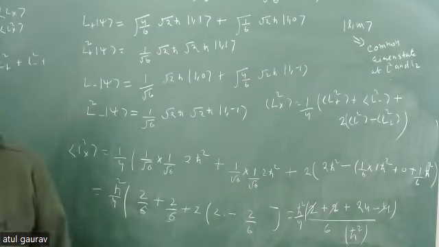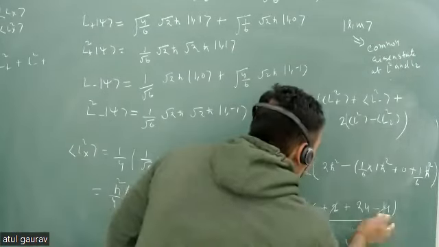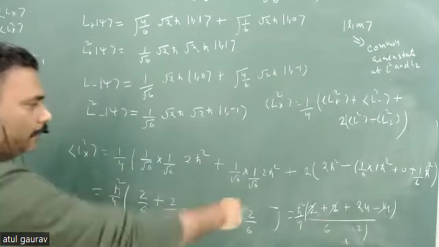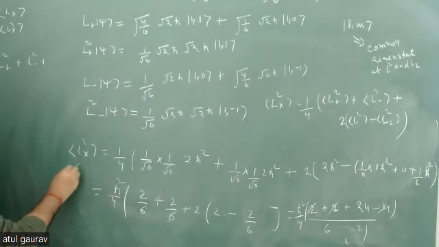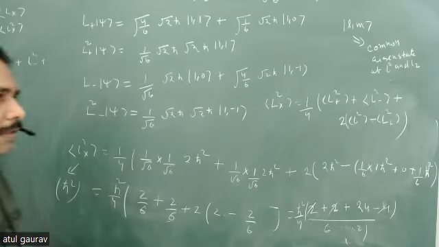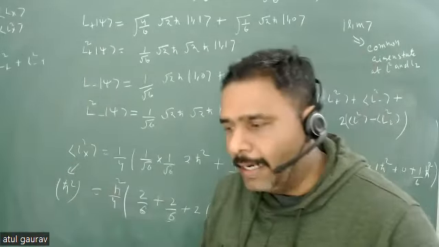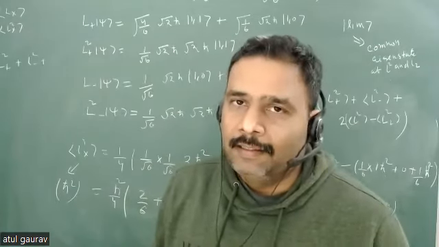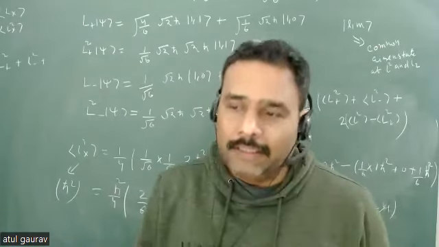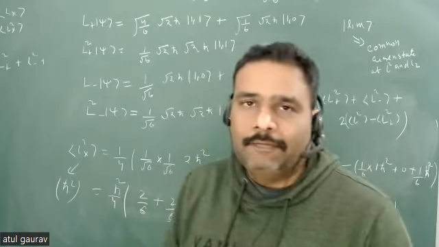So this 4, this 2 is gone, and you have 4 cancel. So this value is h cut square. So this will be your answer. Now you can see the concept and the patience. Patience when you are doing the calculation; you have to do each and everything step by step.